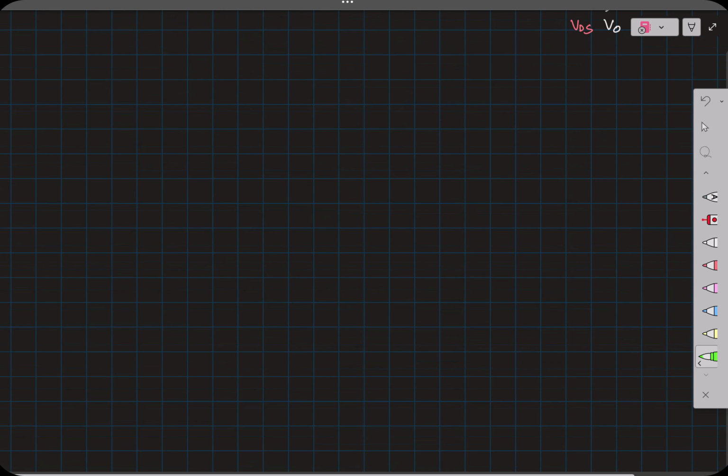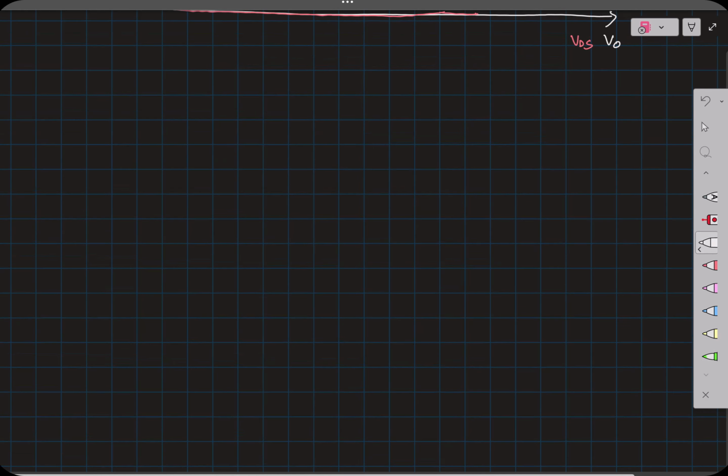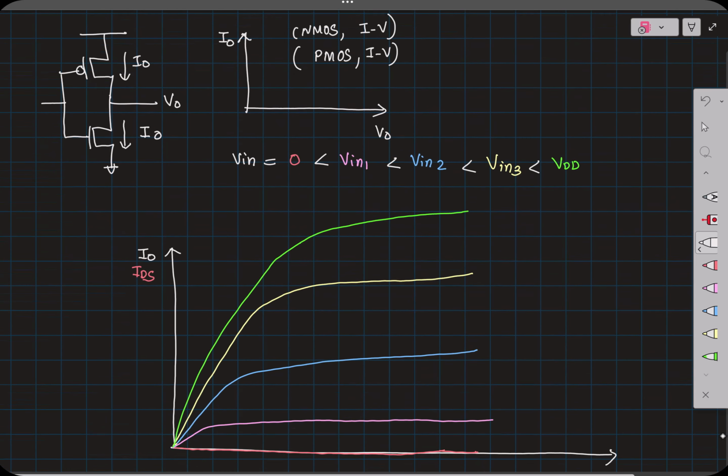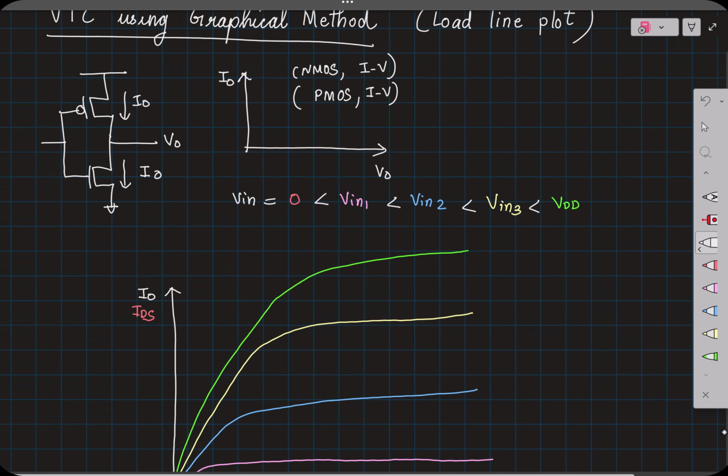Now, for the PMOS transistor, what is I naught and what is V naught? Can you tell me what is I naught for the PMOS transistor? That is ISD, current from source to drain. What about V naught? Is it VSD?